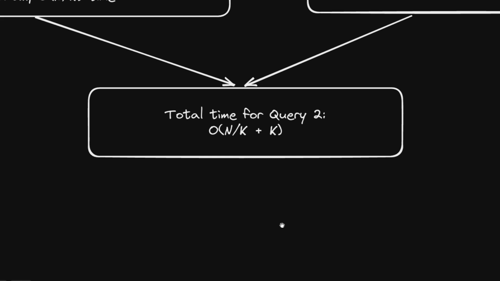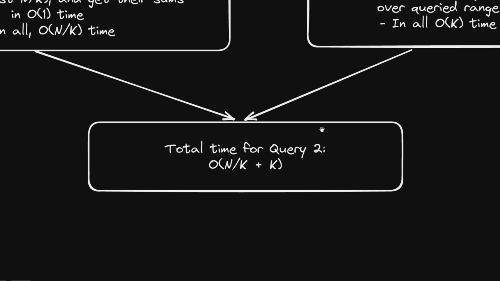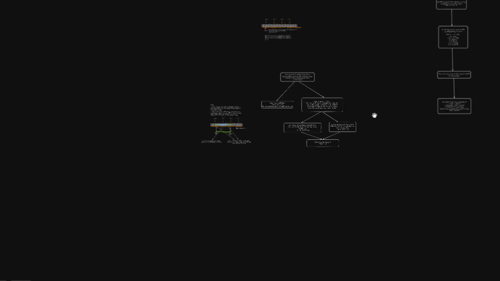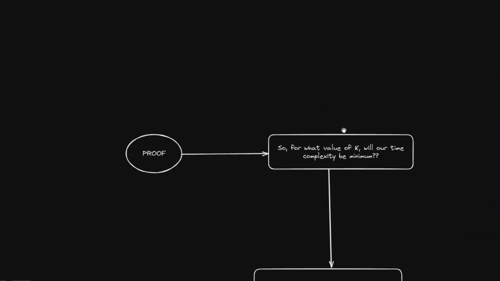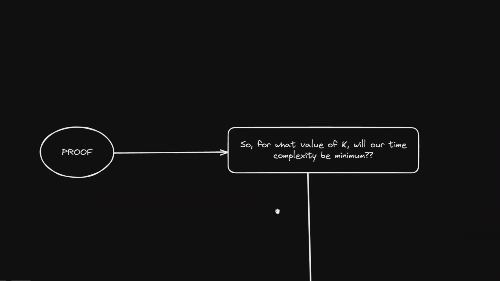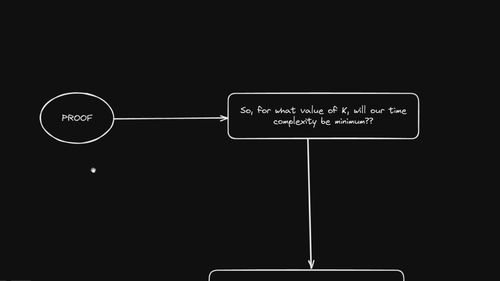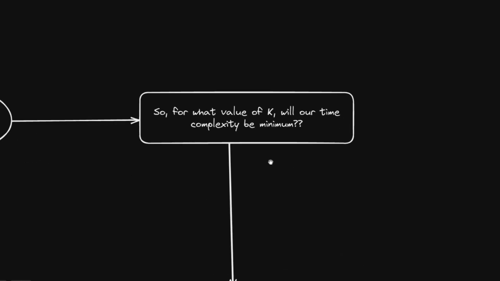So we still haven't figured out what value of k will give the minimum time complexity for query 2. So let's derive that. Let's find out the most optimal value of k. So let's go through the proof.